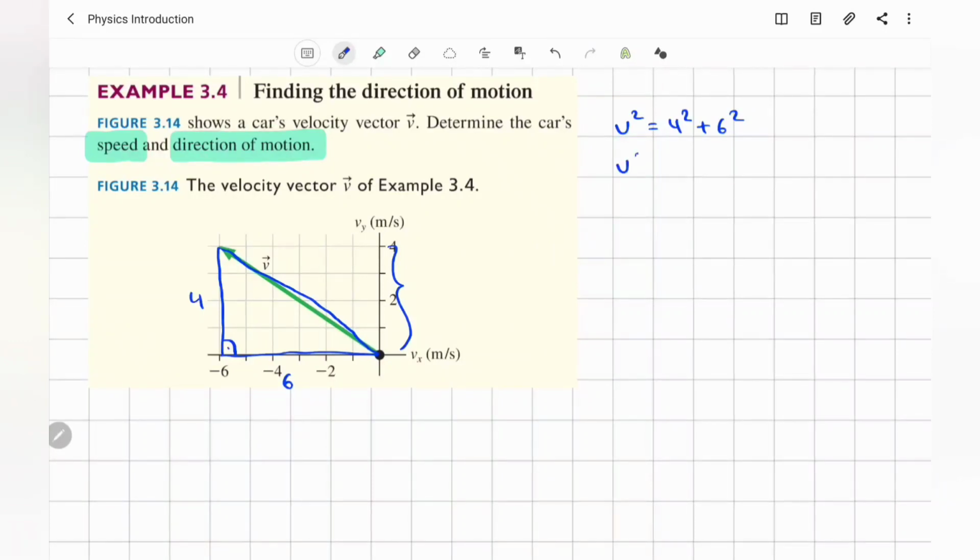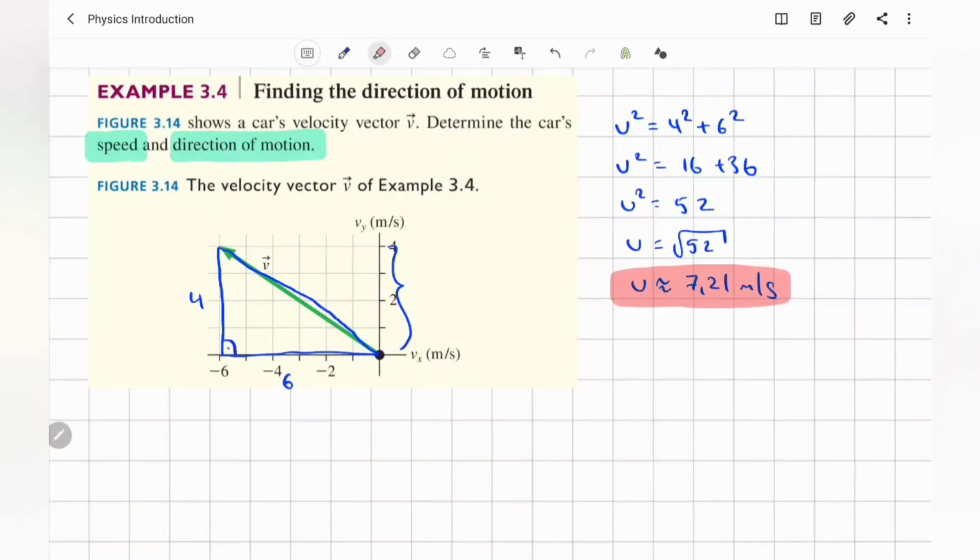So v squared equals 16 plus 36, which is 52. v squared equals 52, so v is the square root of 52. So the velocity, or speed, will be approximately 7.21 meters per second. So this is the speed. No information about its direction.